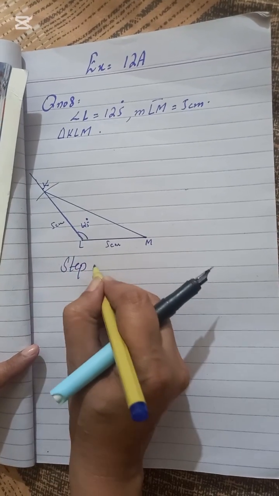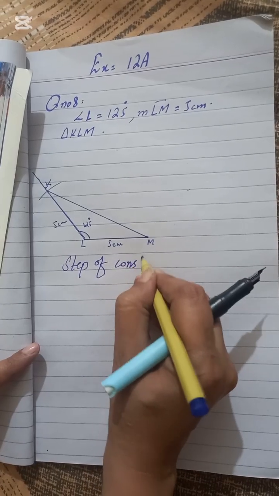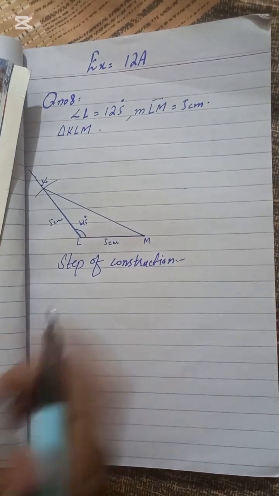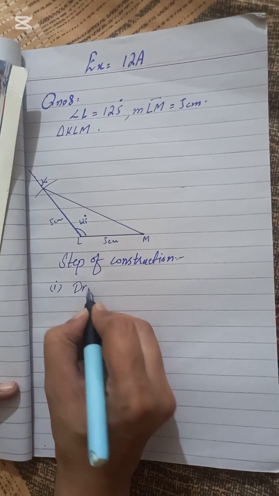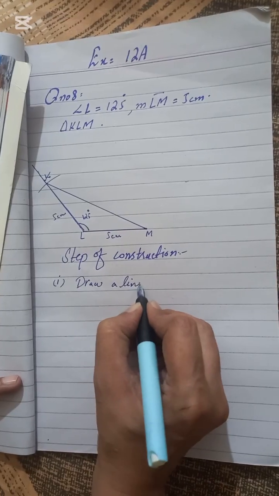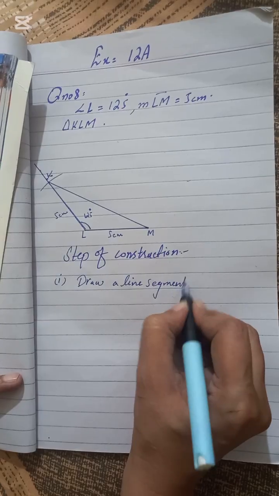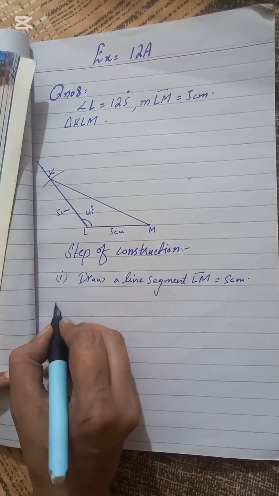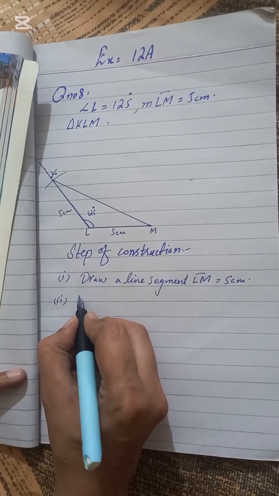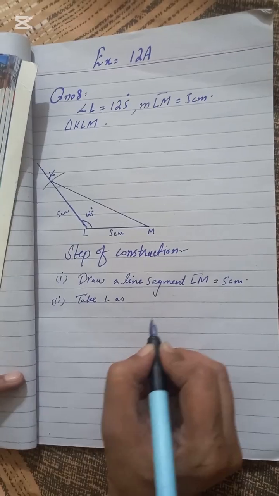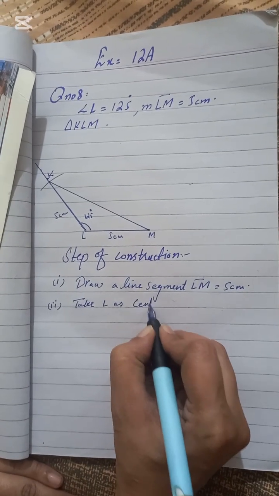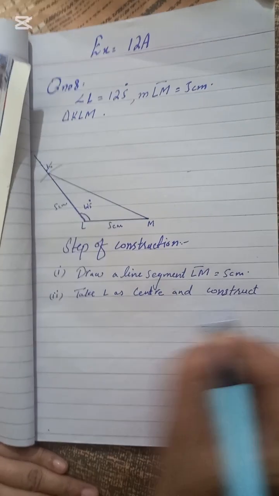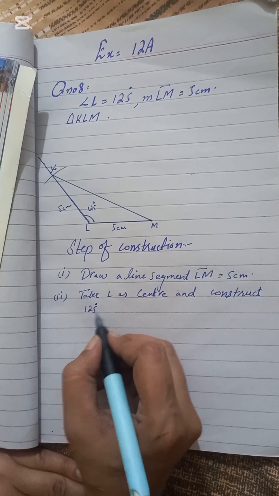Steps of construction. Number 1, draw a line segment LM equal to 5 centimeters. Number 2, take L as center and construct a 125 degree angle.